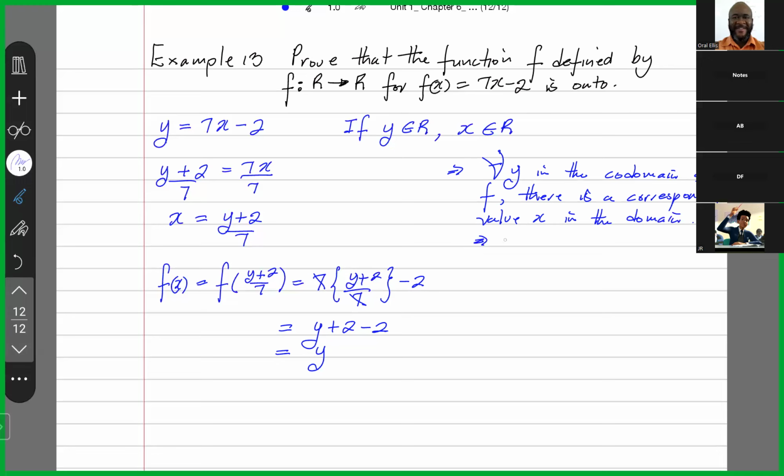Therefore, f of x is onto. So that is the calculation approach.